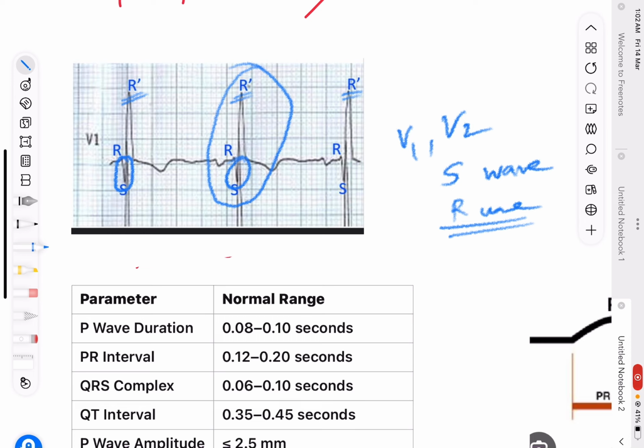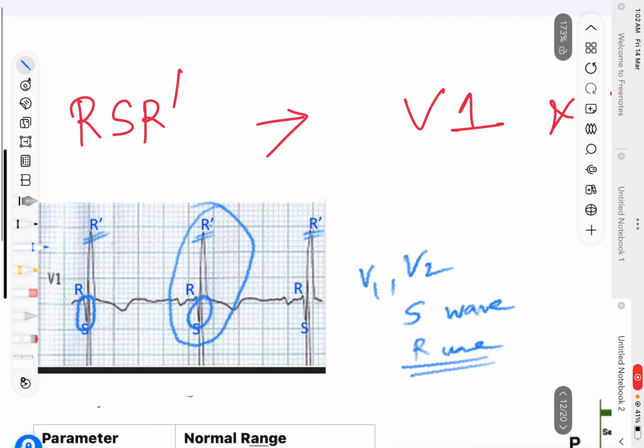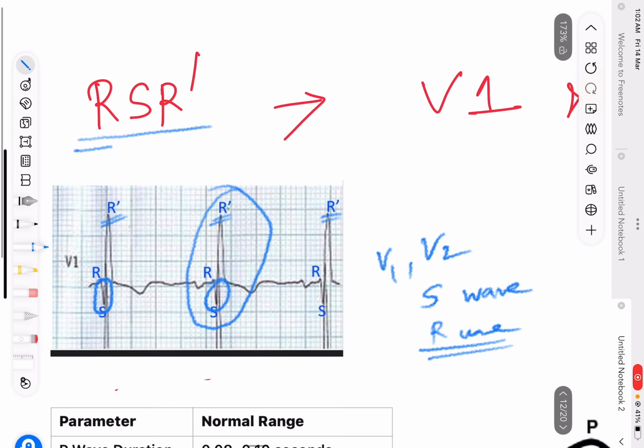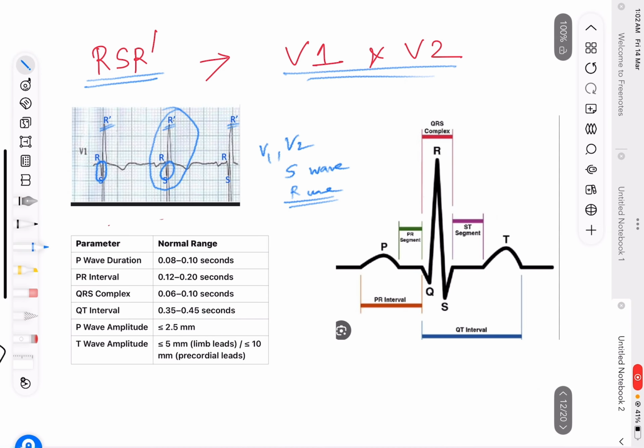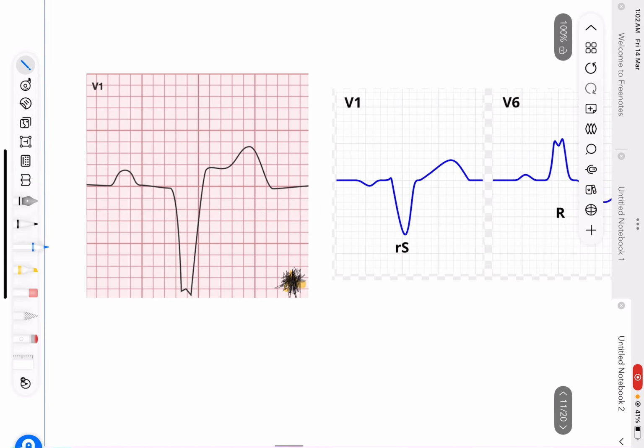But here after the S wave you find another R wave going upstroke. So this is the RSR dash pattern, which is seen in leads V1 and V2 of right bundle branch block. So in right bundle branch block you will see RSR dash pattern, and broad R wave and broad RS in left bundle branch block.